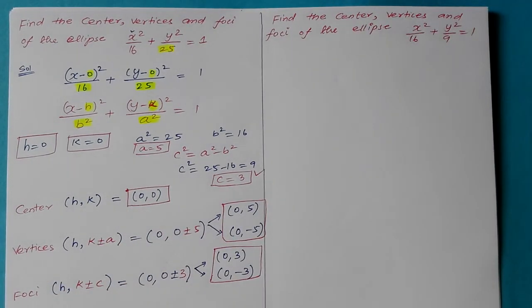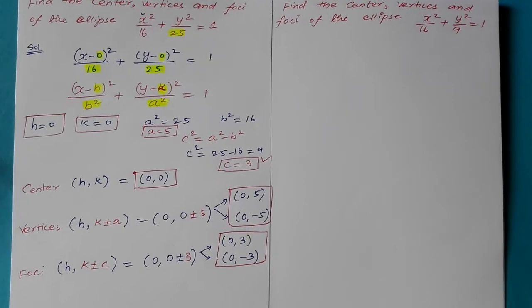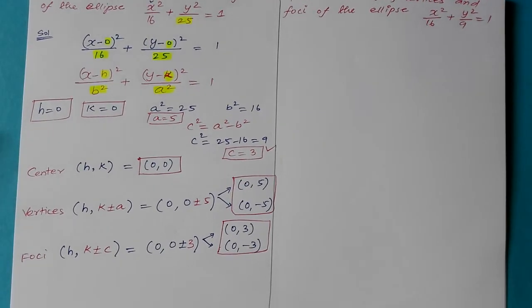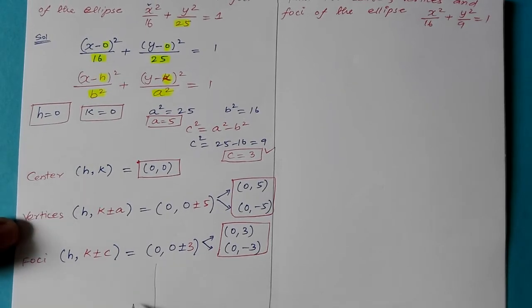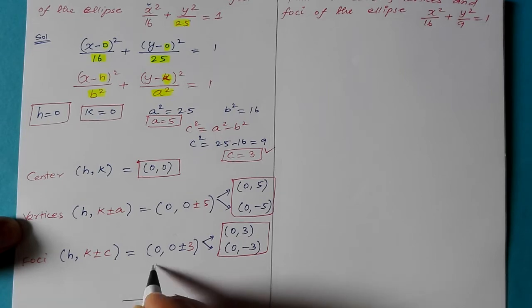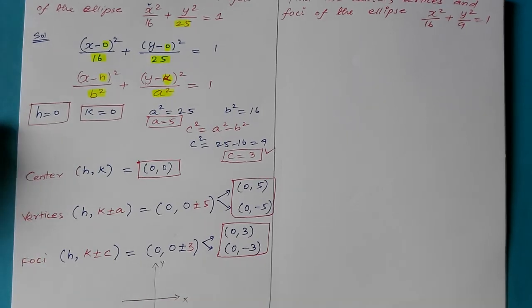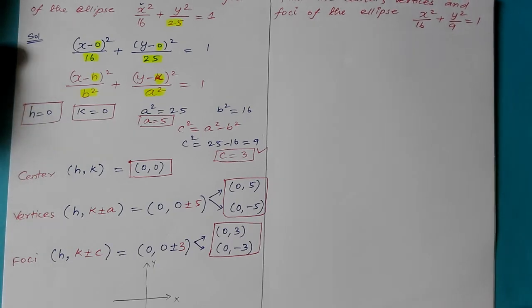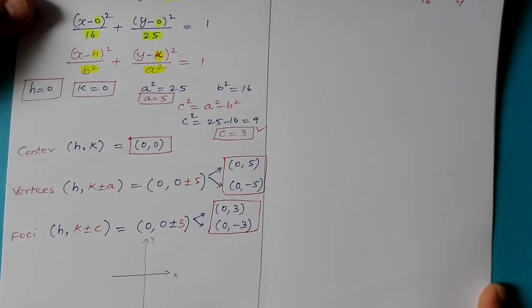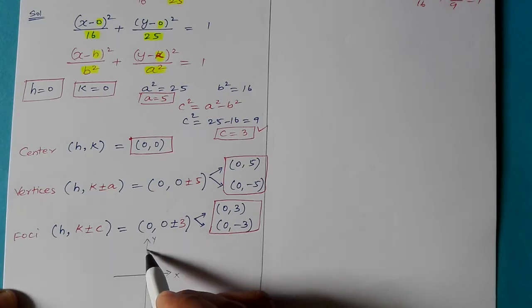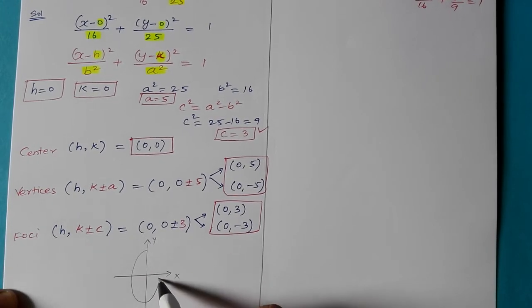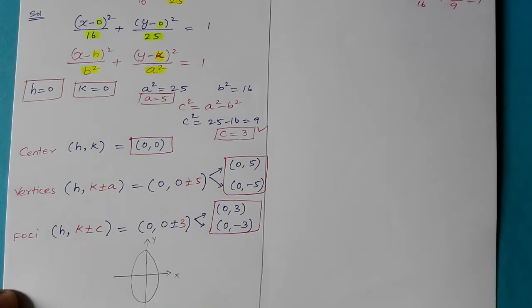Now if you draw the graph, it looks like this. This is the x-axis and y-axis. Since a is present below y, the ellipse is along the y-axis. This is the center.